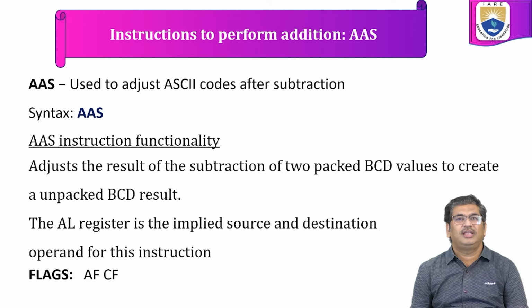The functionality is adjusting the result of the subtraction of two packed BCD values to create an unpacked BCD result. In this instruction, the register AL is the implied source and destination. The flags that will be affected are the auxiliary flag and carry flag.